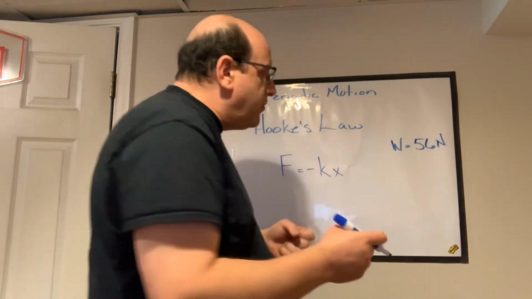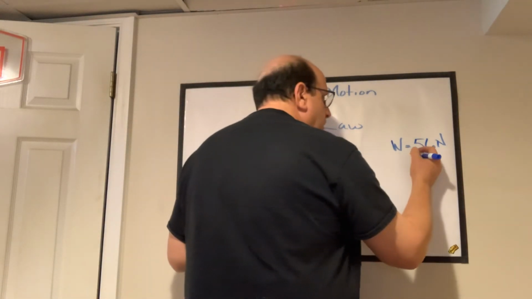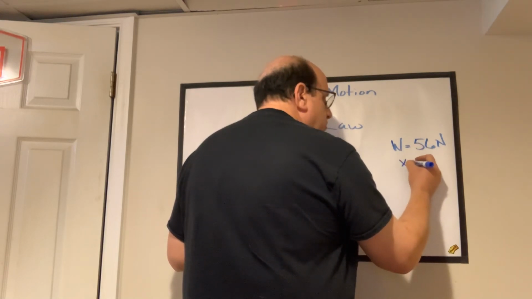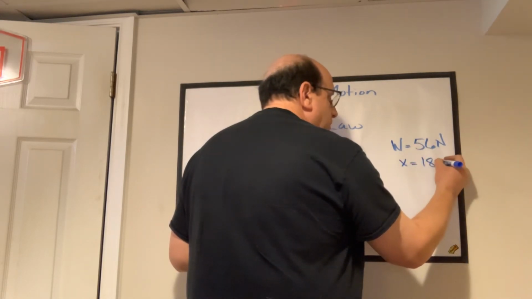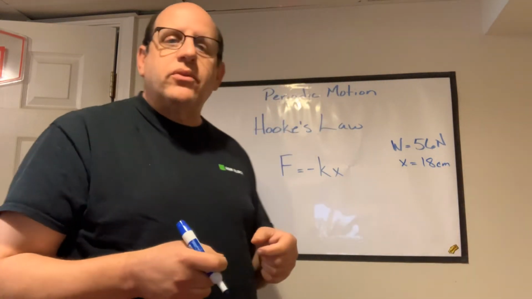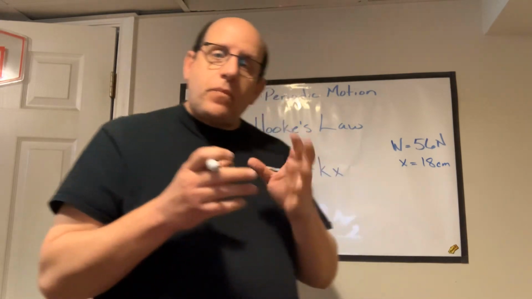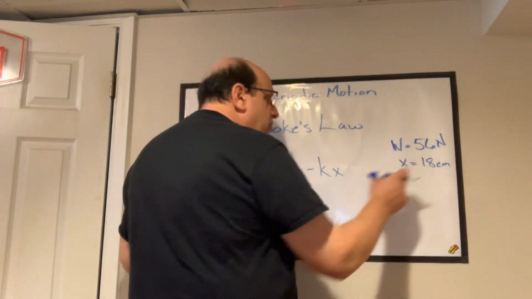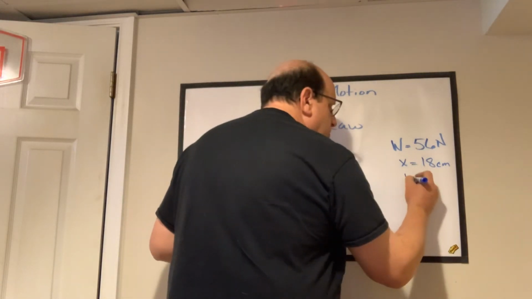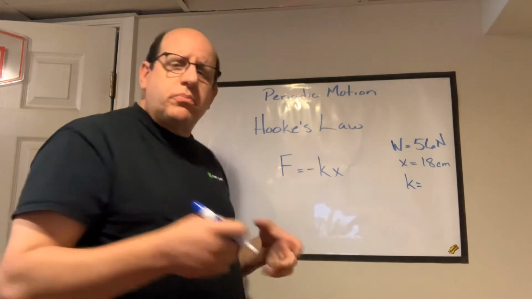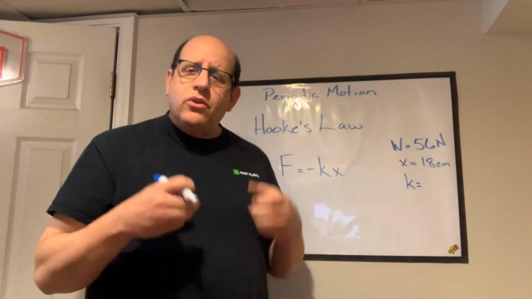With that weight of 56 newtons, the spring was displaced 18 centimeters, or 0.18 meters. So in the example problem, if I know these two things, what's the spring constant? How badly does that spring want to get back to its relaxed state?